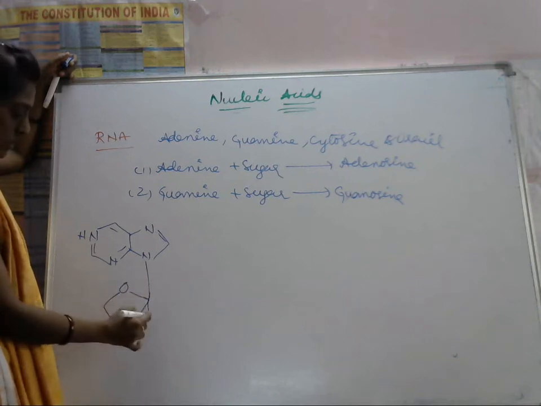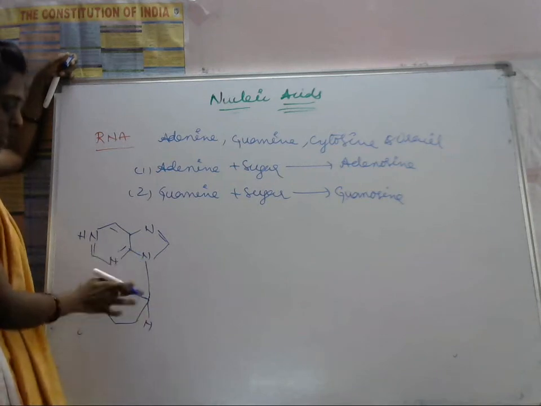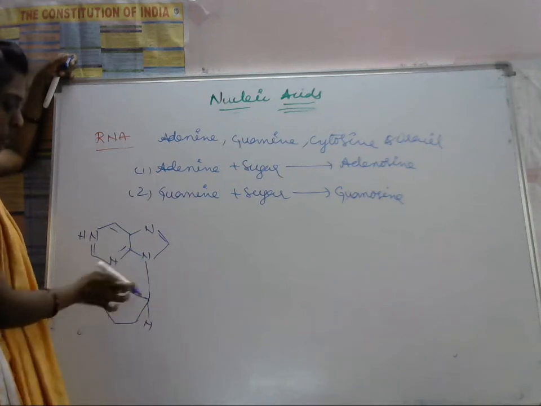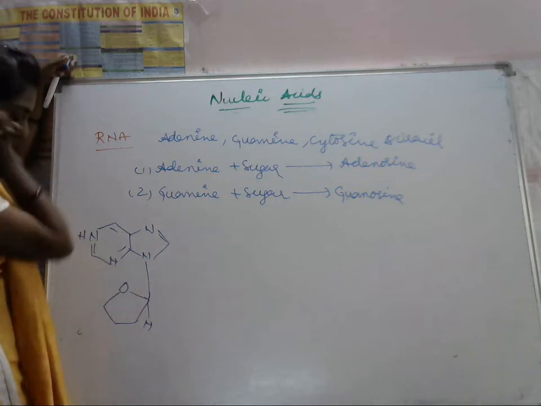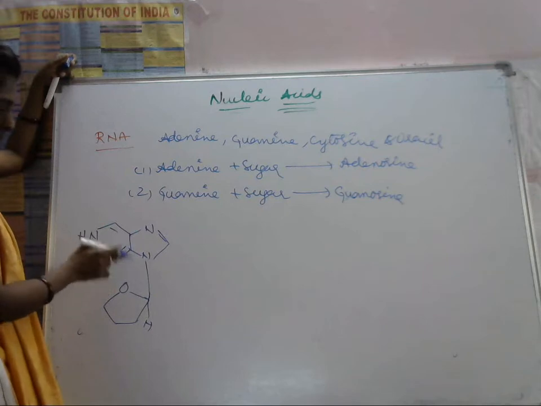In this, it will remove this H and OH. Okay, in ribose sugar there is an OH, so it will remove the OH and form the bond from this one.